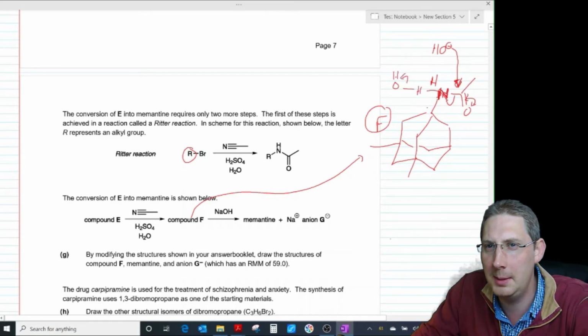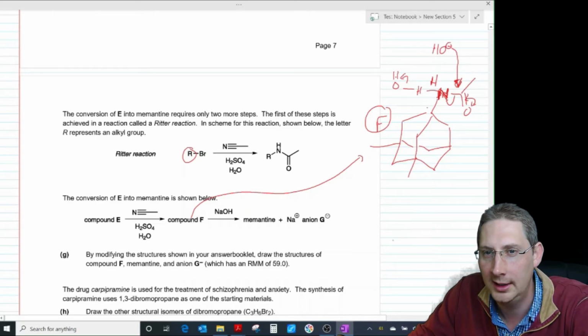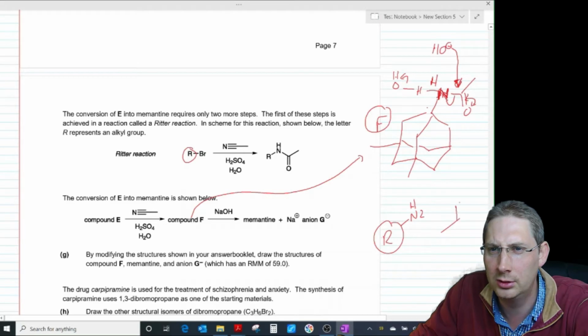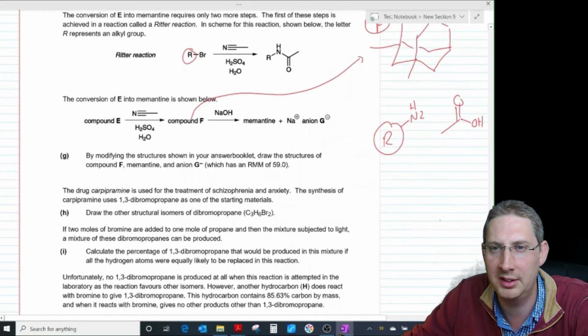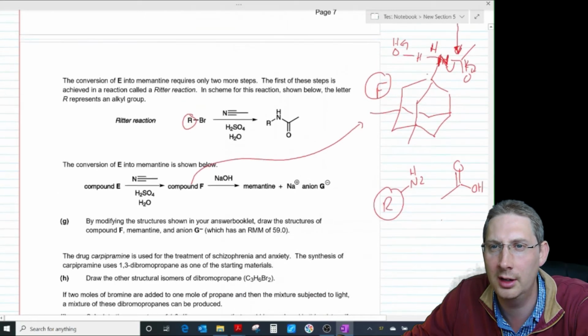I don't know how much you've already done in organic chemistry, but you've got this R group here, and that's going to generate NH2 and methanoic acid. That's my best guess here. Oh, except it generates sodium. Oh, okay. And anion G.